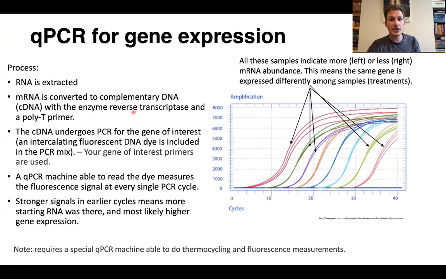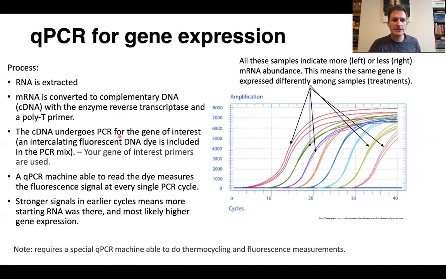And if you're working in a eukaryotic organism, so any plant or animal, you use a primer that has poly-T, so it's just T, that binds the poly-A tail of the mRNA, and then you can basically make a DNA, a complementary DNA version of every mRNA.